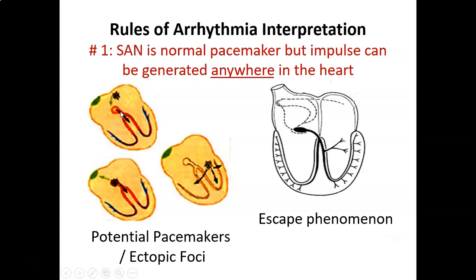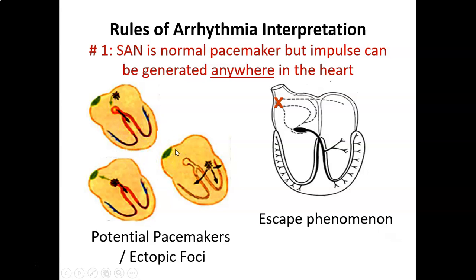But in between, sometimes there are irritable areas because of hypoxia or some other conditions that may be capable of generating electricity. Those areas are called potential pacemakers or ectopic foci. They can be in the atria, they can be in the AV junction, they can be in the ventricles or anywhere in the heart. They can be single, they can be multiple. Accordingly they produce different types of arrhythmias.